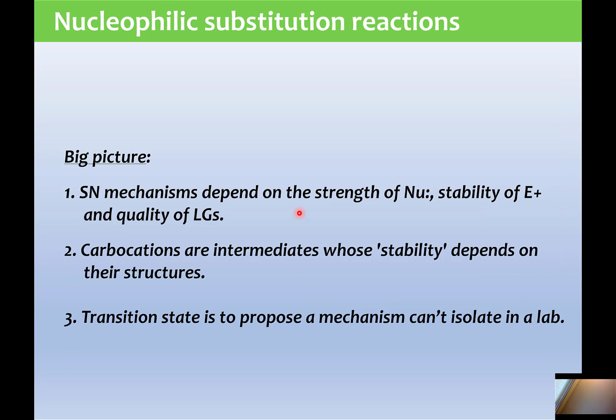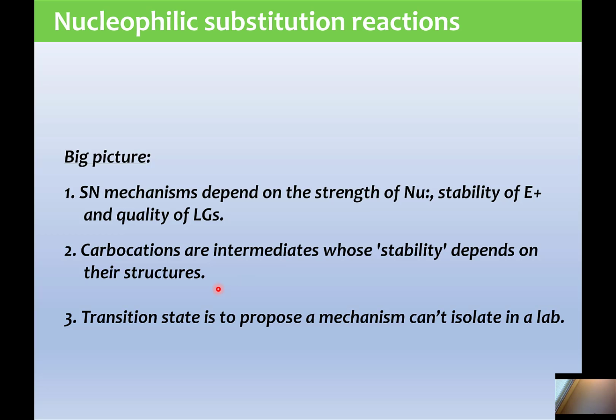So let's look at the big picture for today. Nucleophilic substitution mechanisms depend on the strength of the nucleophile, the stability of the electrophile, and the quality and ability of the leaving group.